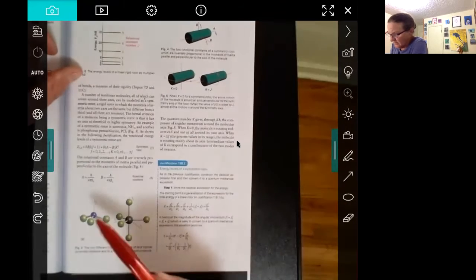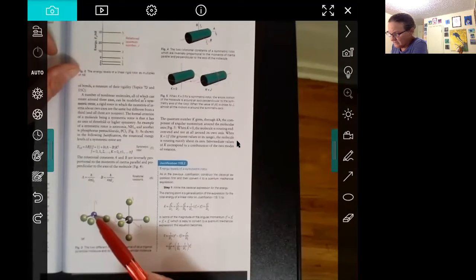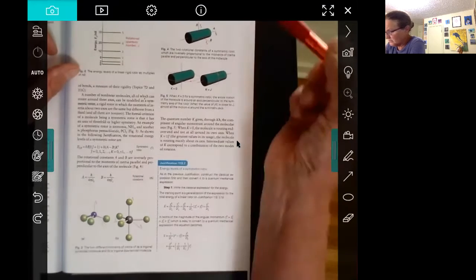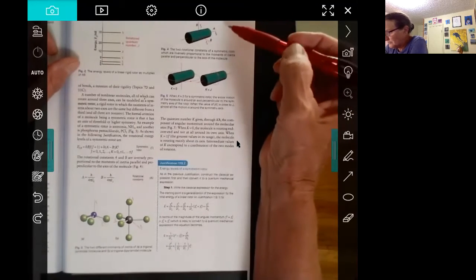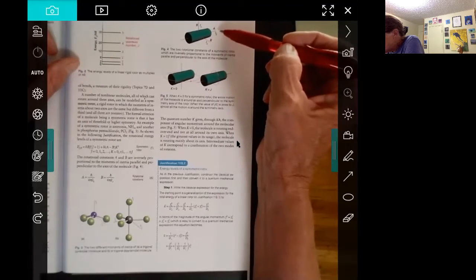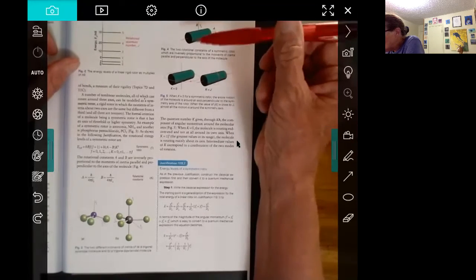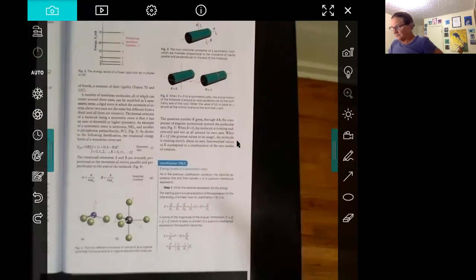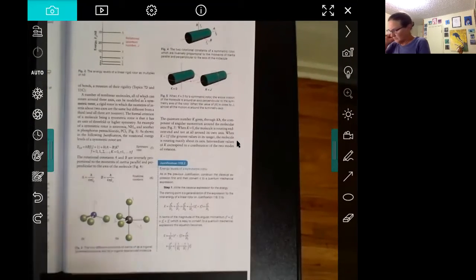They're calling this one that's all by itself the parallel one, parallel to that axis, and then these are perpendicular to it. So the parallel one, and then this can go this way, and this can go this way out of the plane. So we have two different moments of inertia.